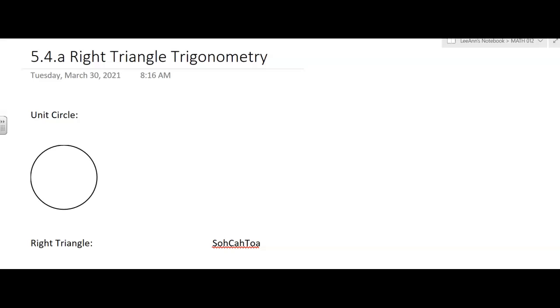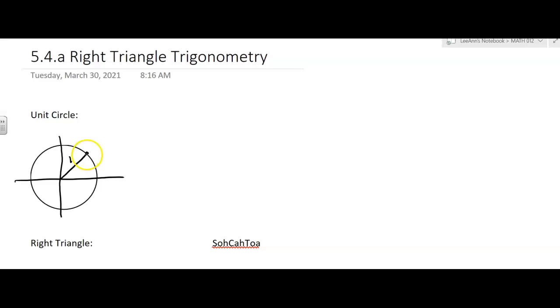Okay, so in our work so far with trigonometry, we've been talking about the unit circle. And we said, if you have a point on the unit circle, then this is 1 because it's a unit circle, meaning it has a radius of 1.